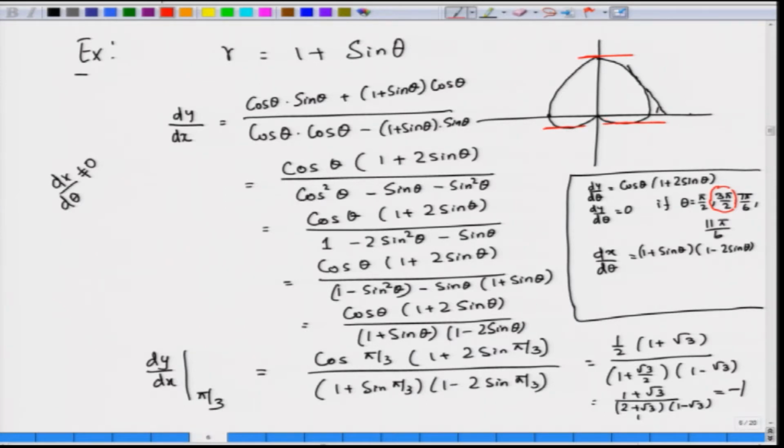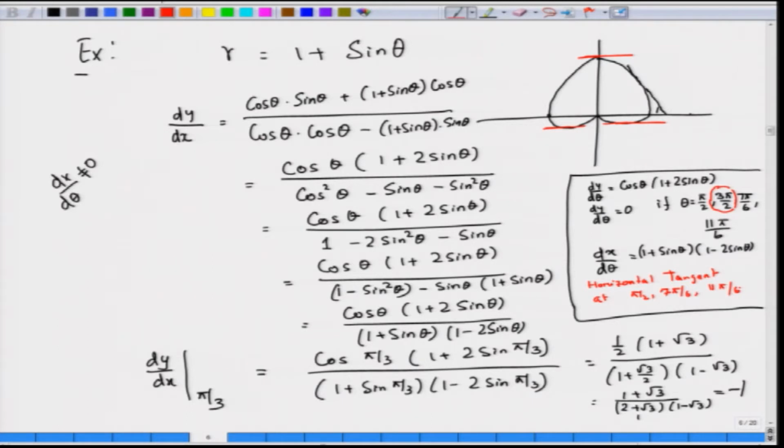So we can say that the horizontal tangent is at pi by 2, 7 pi by 6 and 11 pi by 6.